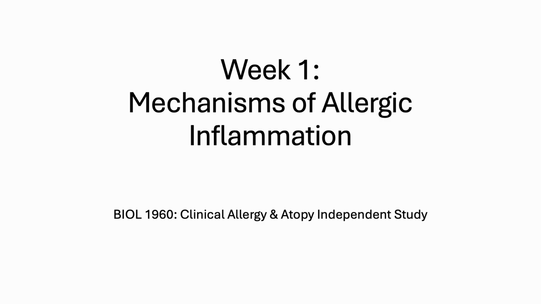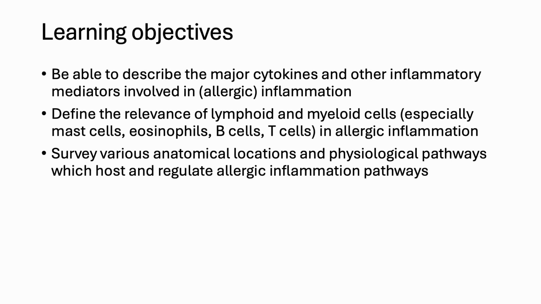This is going to be going over some of the key players that control these molecular inflammation pathways. So the learning objectives today are to first get into the cytokines and other inflammatory mediators. Some of them are different molecules, but really the things that get released that cause inflammation is how I would say that.